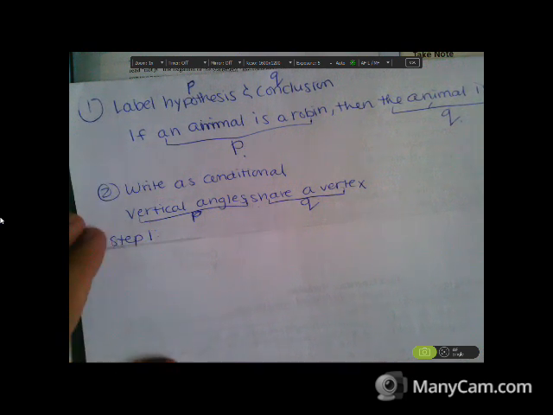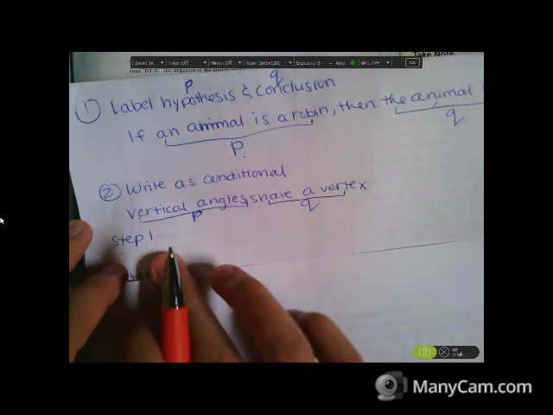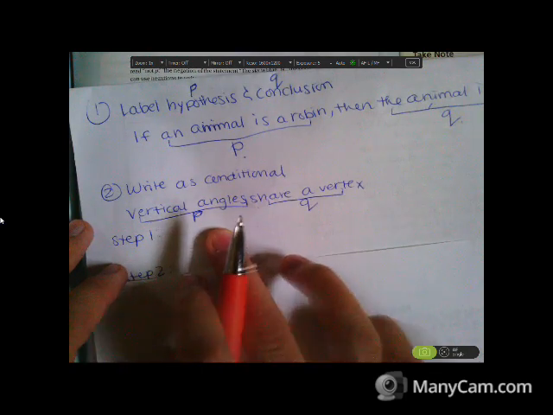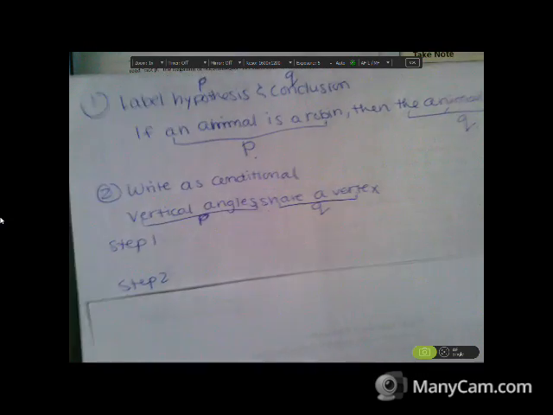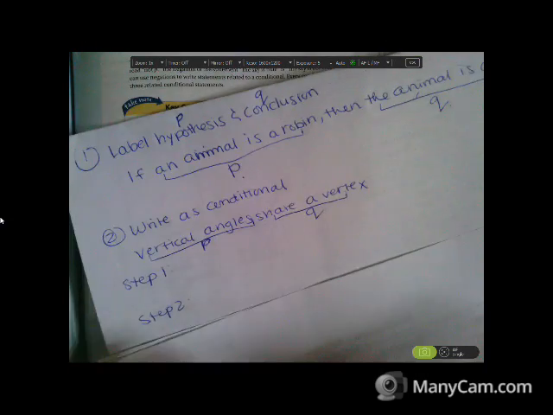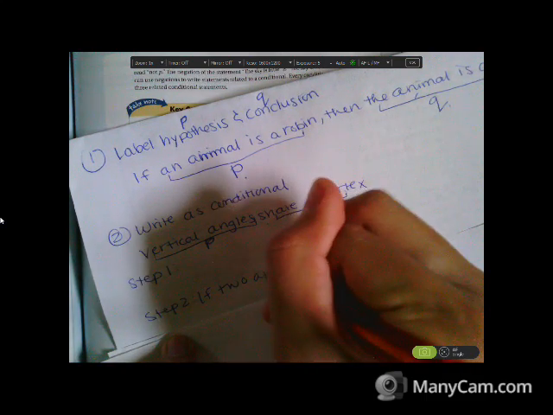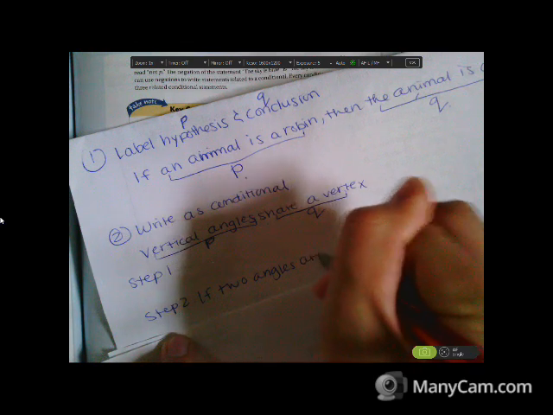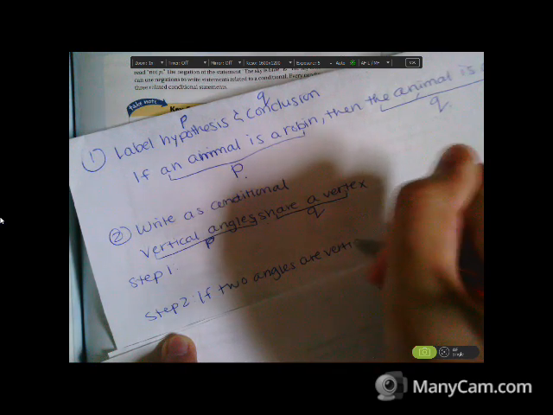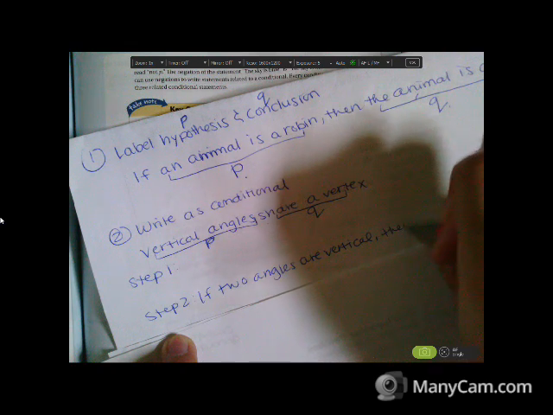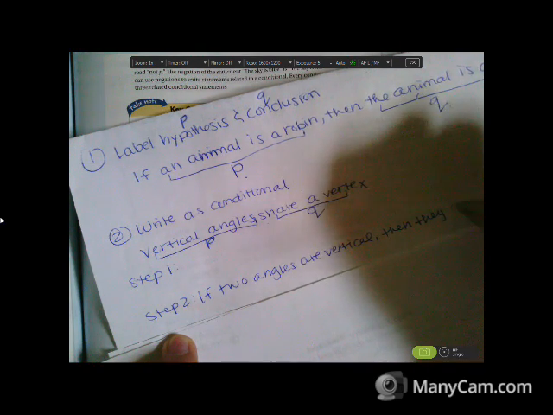So now that we did step 1, we identified the hypothesis and the conclusion, we can do step 2. Now we can write, if 2 angles are vertical, then they share a vertex.